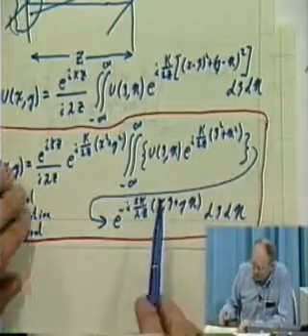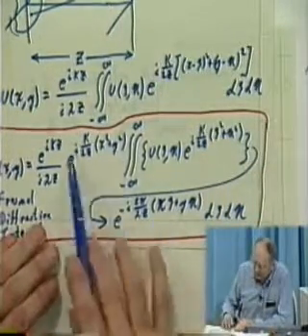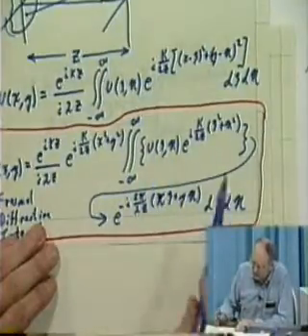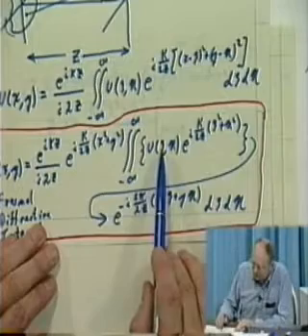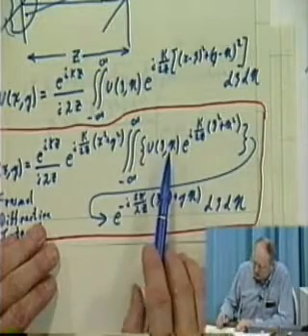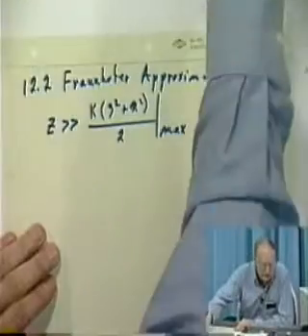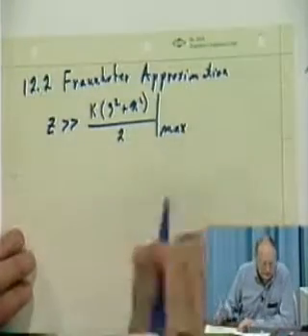And now we simply are going to get, and I'll write it down in a second, just the Fourier transform of u. So it's a Fourier transform of the aperture times however we're illuminating it. So let's write that down.